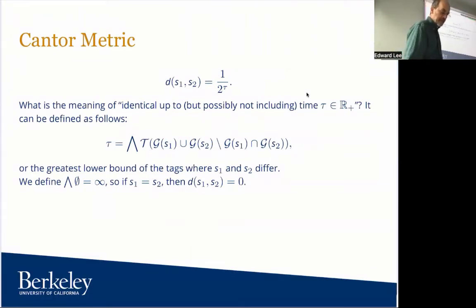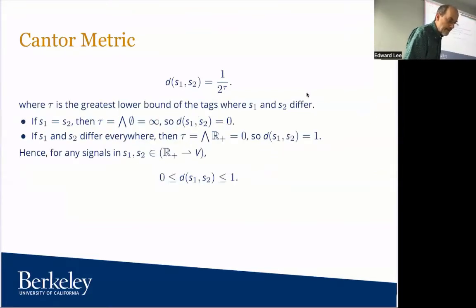There's some subtleties with this because it turns out that it's not always true that there is a first time at which two signals differ. But let me skip those subtleties because that's not a problem with Lingua Franca. It becomes a problem when time is actually a continuum, and it isn't in Lingua Franca. So there's always going to be an earliest time at which the signals differ, if they differ at all.